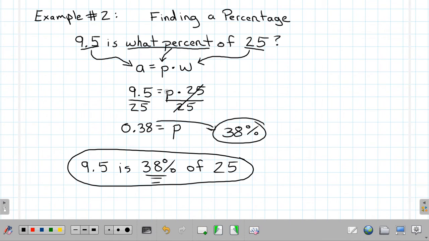And we'll actually see questions like that when we do talk about taxes and discounts and such, where we have to figure out what the discount is or figure out what the tax is, okay? And this type of question can be answered by solving your percent equation for P, okay? So in this case, 9.5 is what percent of 25? Well, it's 38% of 25. Because once again, we plug in for A, we plug in for W, solve for P.